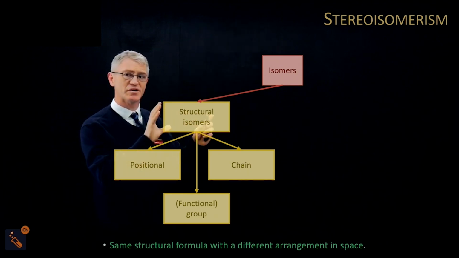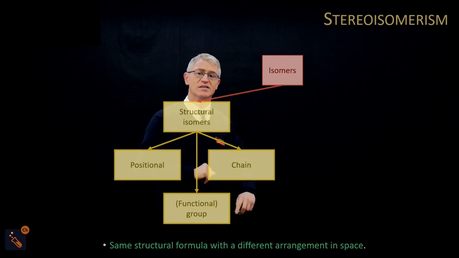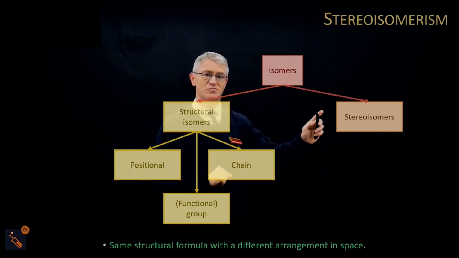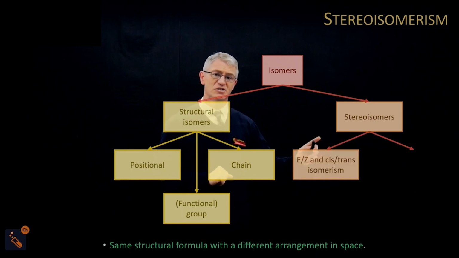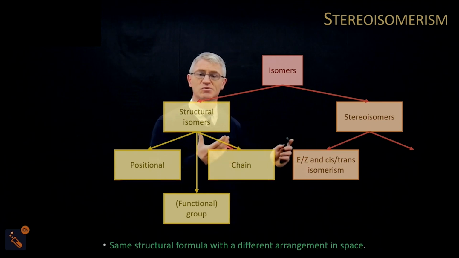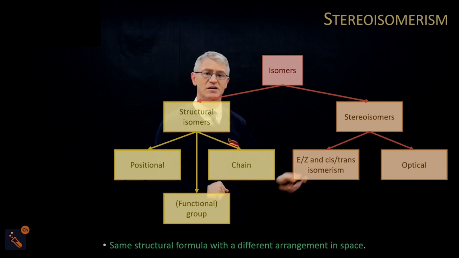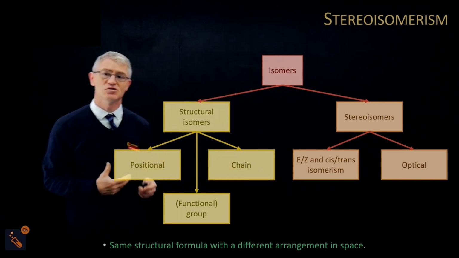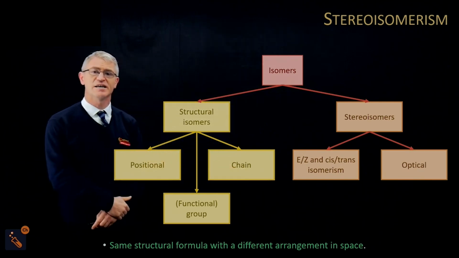But we're not going to talk about those today. We're going to talk about the stereoisomers. And the stereoisomers are split into 2 sections. So EZ and cis-trans on one side, which is alkenes, which we're going to talk about in this video. And optical, which we're going to talk about in further videos, usually in your second year of your A-levels.